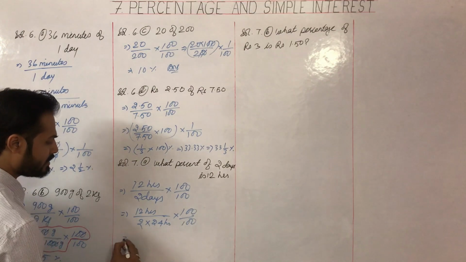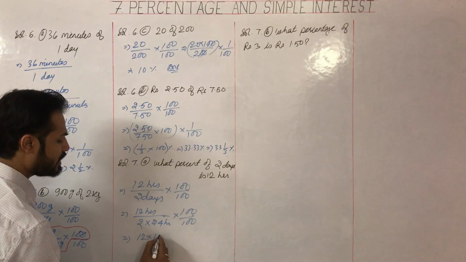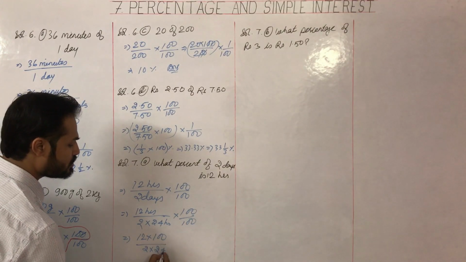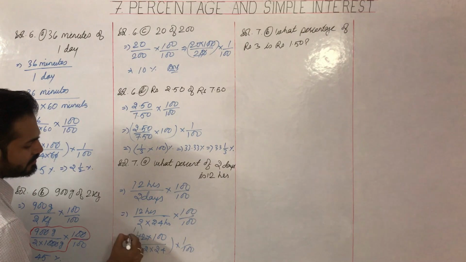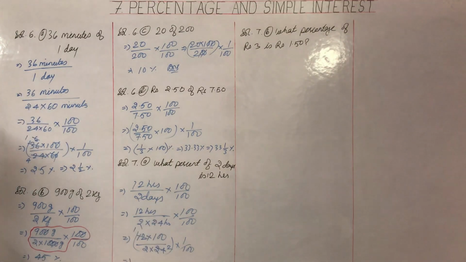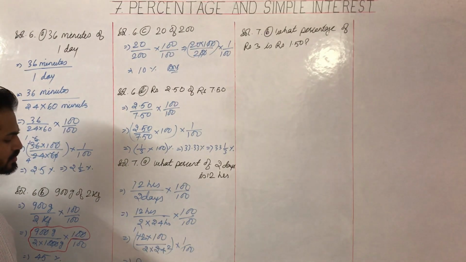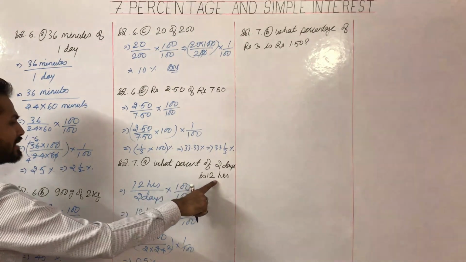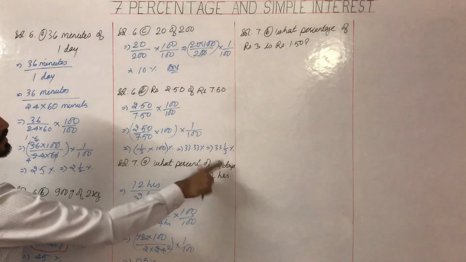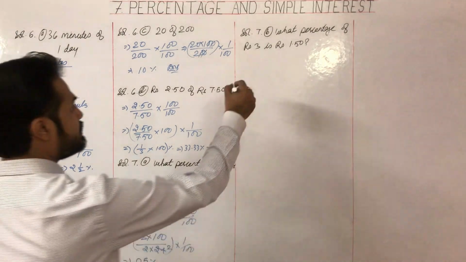So 12 into 100 by 2 into 24, this much into 1 by 100. 12 2s are 24, 2 into 2 is 4, and 100 by 4 is 25. 25, 1 by 100 means percent, 25%. So 12 hours is 25% of 2 days.